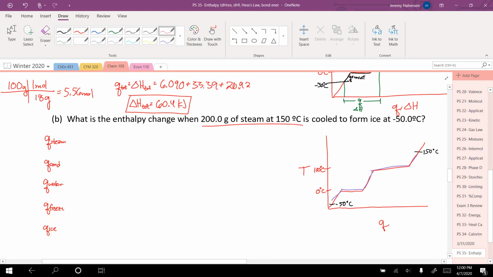Q ice. This can be an m steam, C steam, delta T steam. This can be an n condensing, delta H condensing. This is going to be an m water, C water, delta T water. It's going to be an n freezing, delta H freezing. And this is going to be an m ice, C ice, delta T ice.